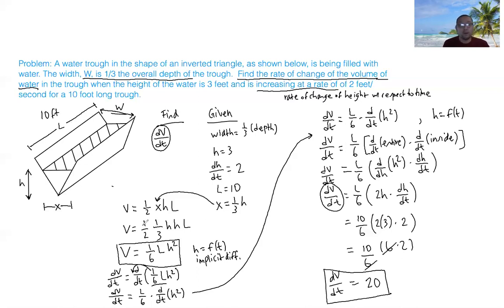And the length of the trough was given as 10 feet, right? And then we calculated our volume based on the properties of a triangle and a square, right? So this was a triangle, and we said that you could calculate the area of this front face by 1/2 the base times the height. And then to account for the rest of the water column, you just multiply it by the length of the trough.